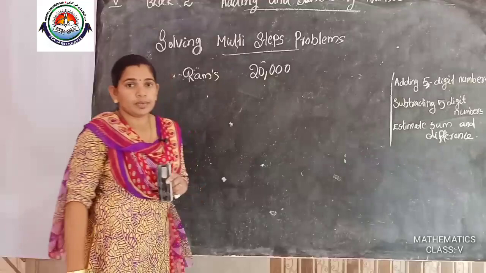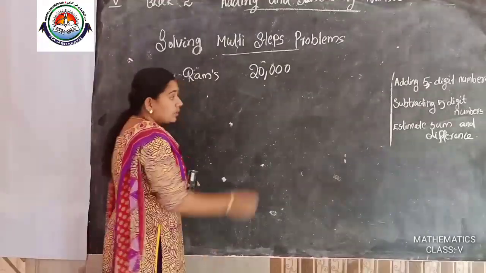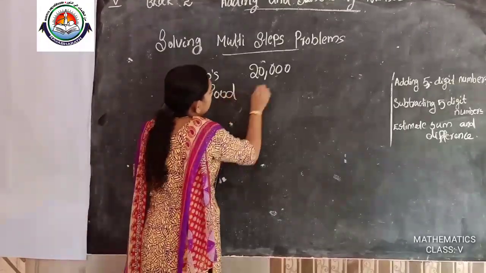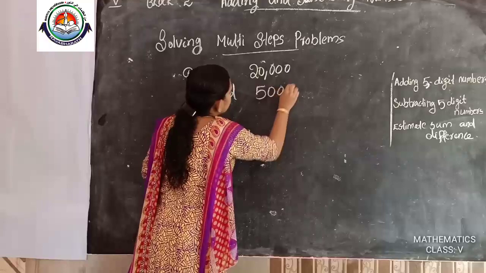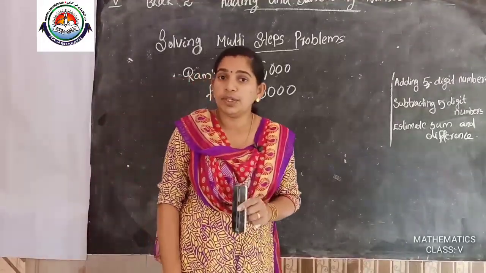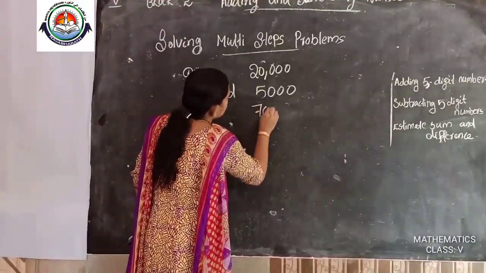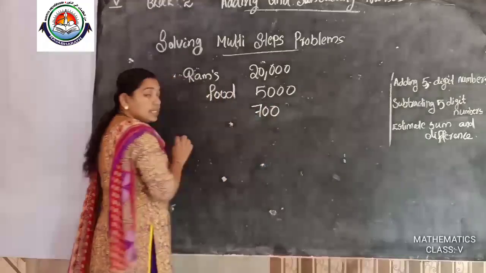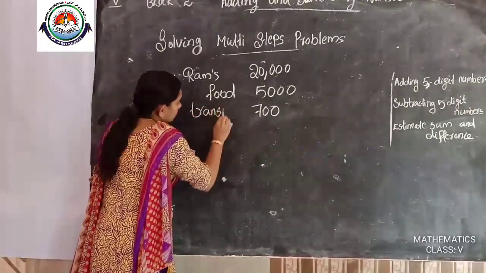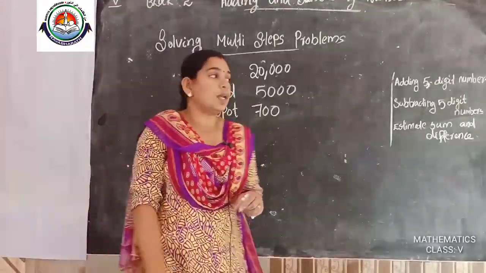Then he spent 5,000 for his food and 700 for his transport.